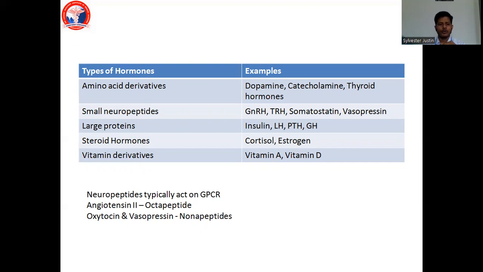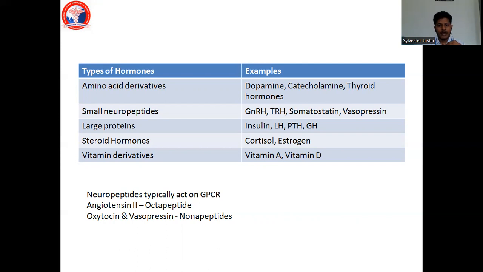They can be small neuropeptides like GnRH, TRH, somatostatin, and vasopressin. It could be large proteins like insulin, LH, PTH, and GH. They could be steroid hormones like cortisol or estrogen, and they can even be vitamin derivatives like vitamin A and vitamin D.